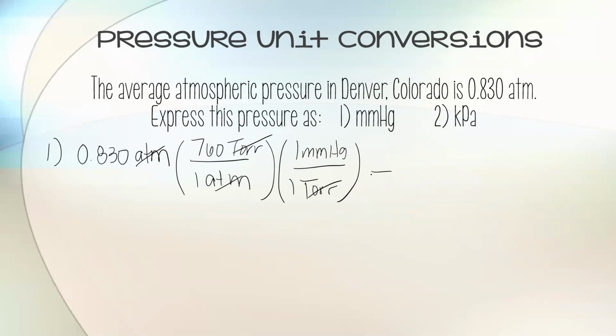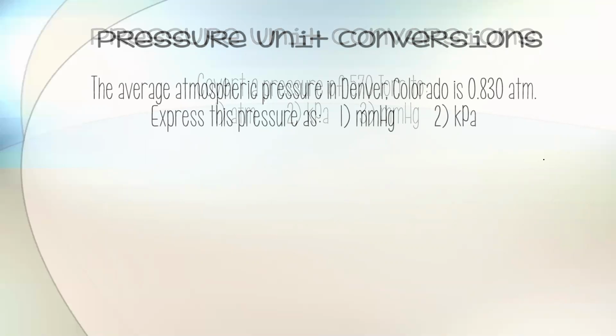Now I'm in millimeters of mercury. So 0.83 times 760, and then divided by 1 times 1, all that stuff. And I get 630.8 mmHg. And make sure that H is capital. Okay, pretty simple. You just gotta know where to put what.